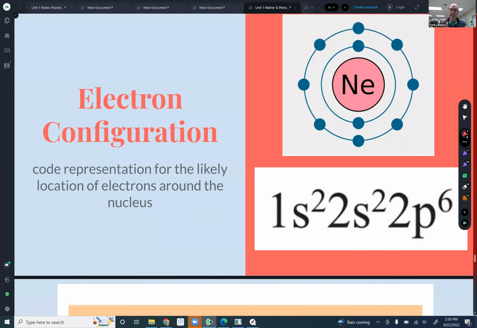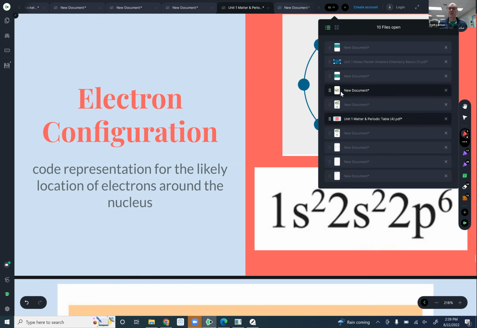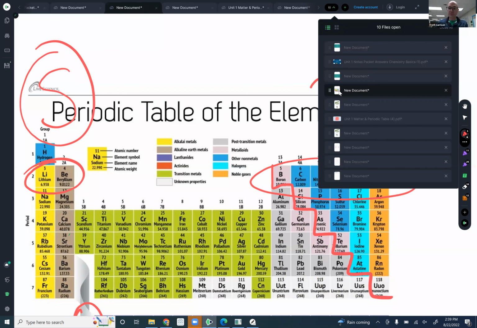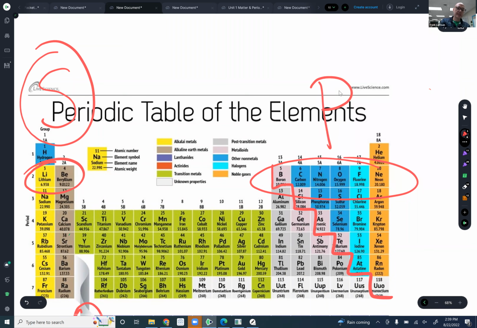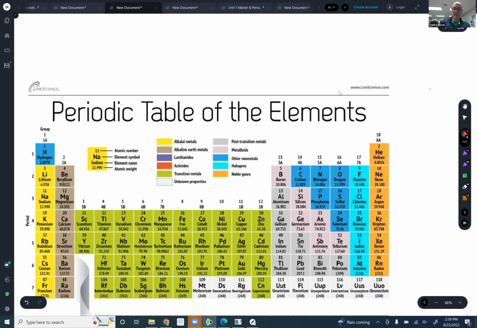So I'm going to look at neon on a periodic table, and you're going to come back to this image of the Bohr model, and let's see if we can pair the 2 of them together and make heads or tails of it. If we look at our periodic table, what we will remember about it is that the number of protons also represents the number of electrons.